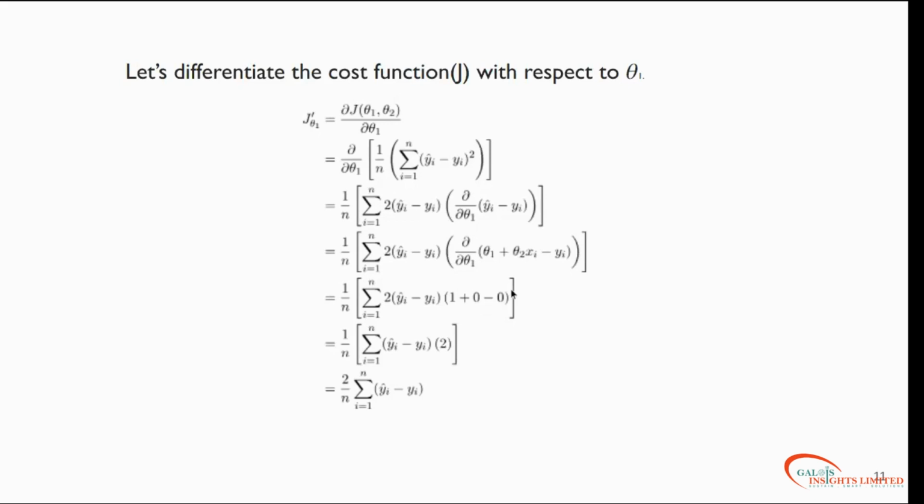So in all, you are going to get this particular function multiplied by 2. This is an illustration where the denominator wasn't multiplied by 2. If it were multiplied by 2, you simply have 1 over n multiplying the summation of y hat minus yi. And this is a way of minimizing the cost function by differentiating the cost function with respect to one of the model parameters, which is theta 1.